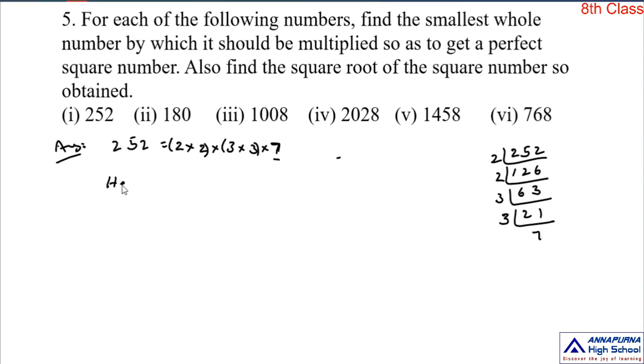Okay, here we clearly present that. In this prime factorization, prime factor 7 has no pair.